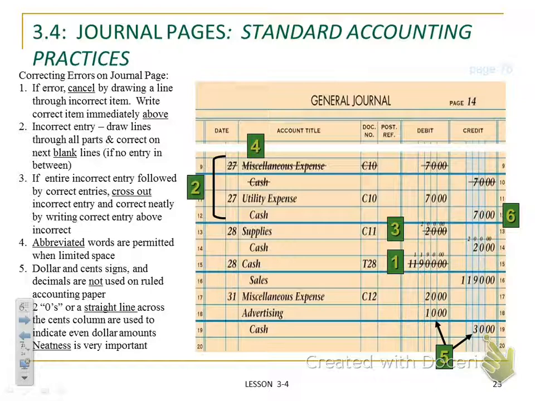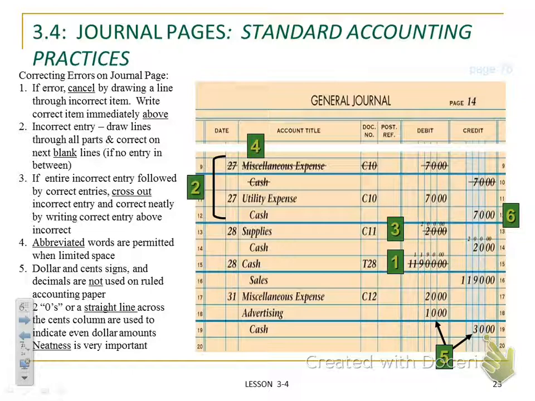So if we look in example number 1, we wrote in the wrong dollar amount. We wrote in $11,900, and this should be $1,190. So we would just draw a line through the middle of the error, and then write the correct amount above it.